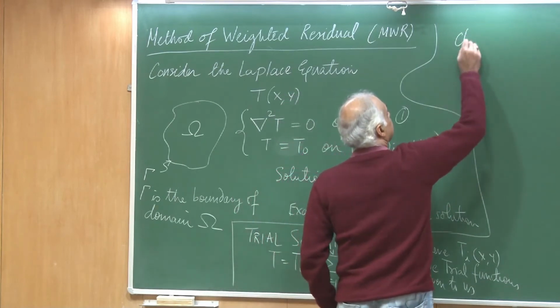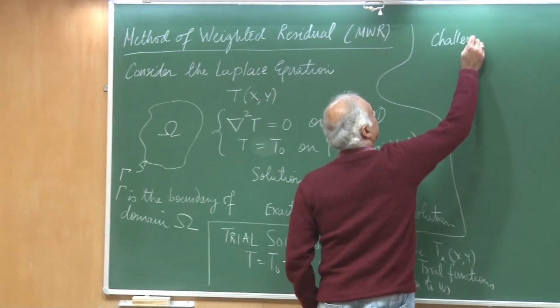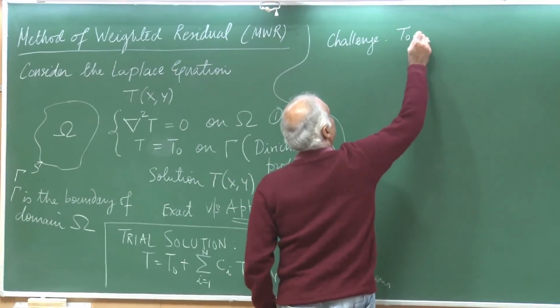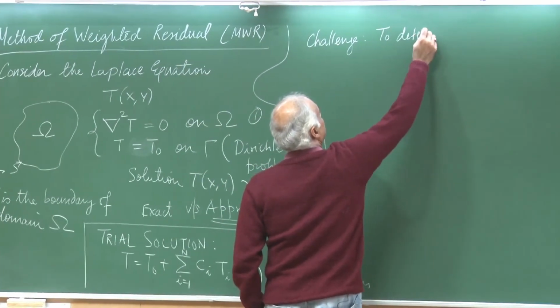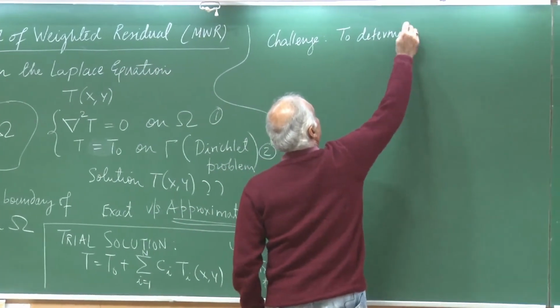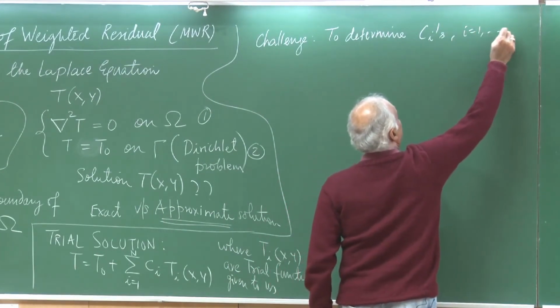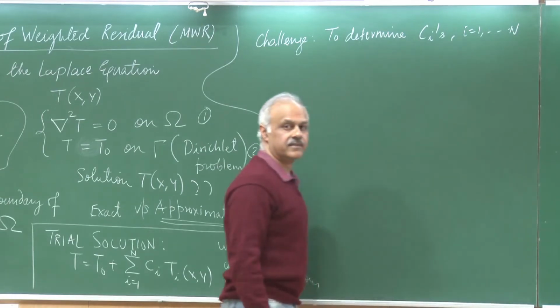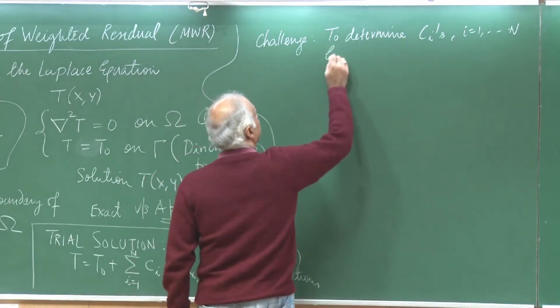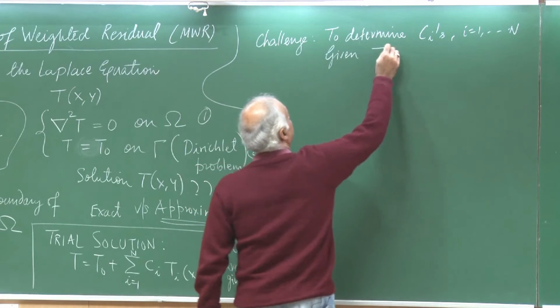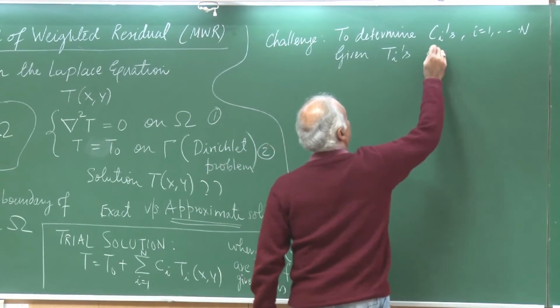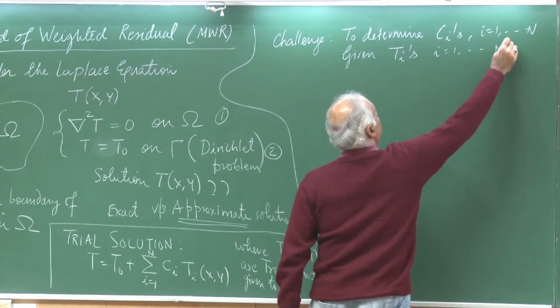So the challenge is to determine Ci's where i goes from 1 to n, given Ti's where of course i goes from 1 to n.